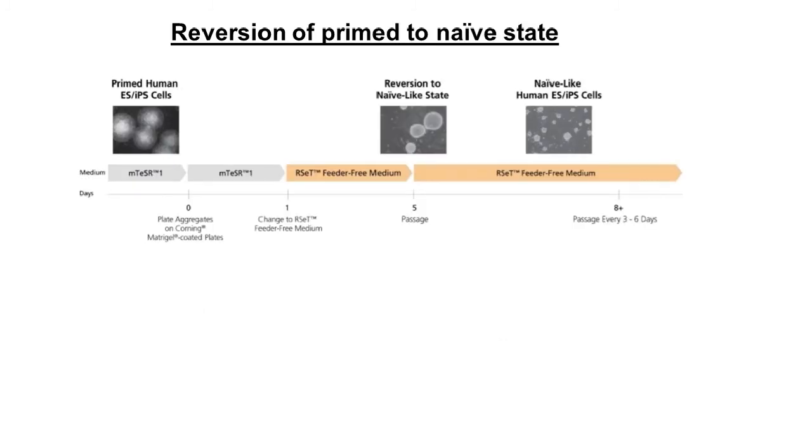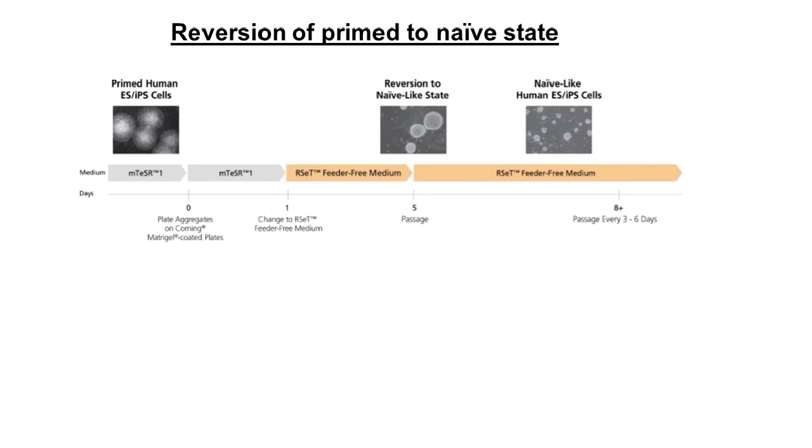So the next question, the big question, was whether these cells can achieve the naive state. So I cultured them in a commercially available media, RSET. Although there are many other kinds of media available now, this was my first experiment.